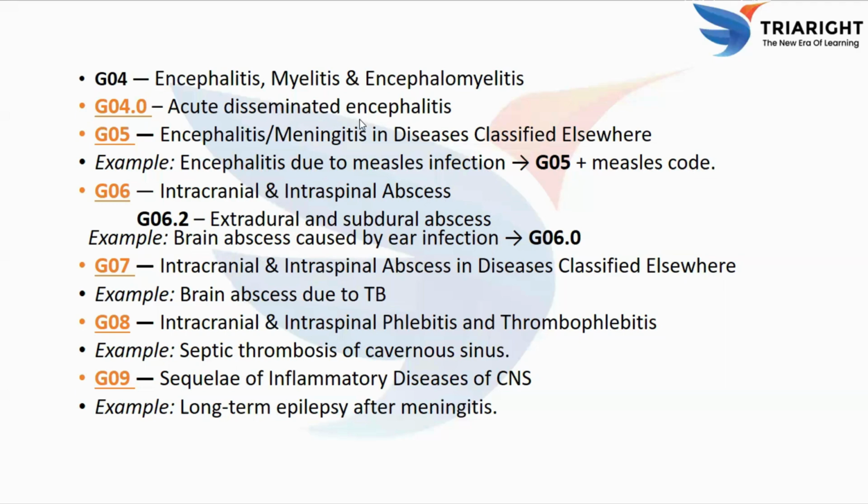So this covers the abscesses whenever the pus-filled infection is caused outside the brain and inside the skull. So G06 codes can be assigned. For example, when a brain abscess is caused by an ear infection, you have to code G06.0. Whenever it is extradural and subdural, you have to code G06.2.